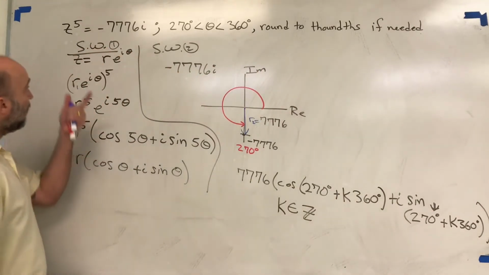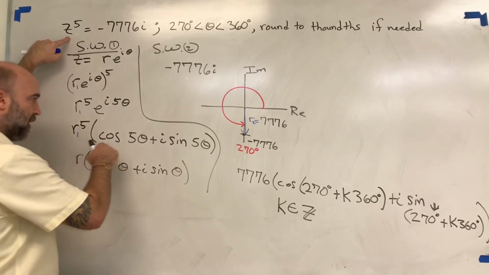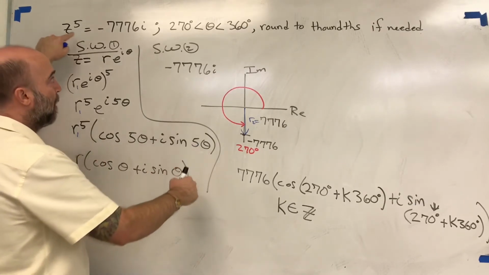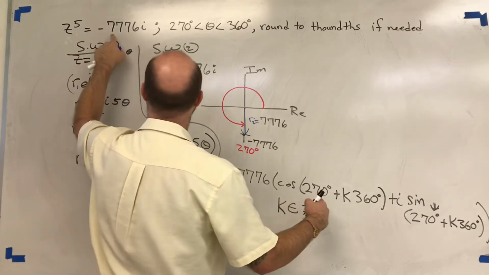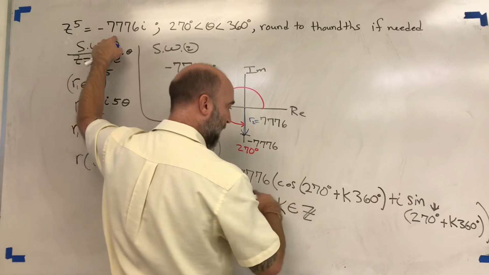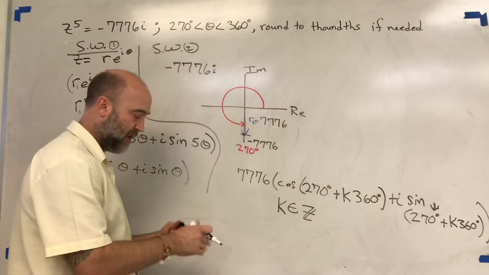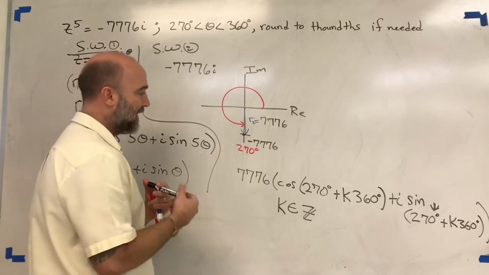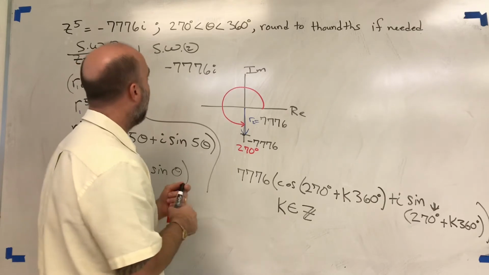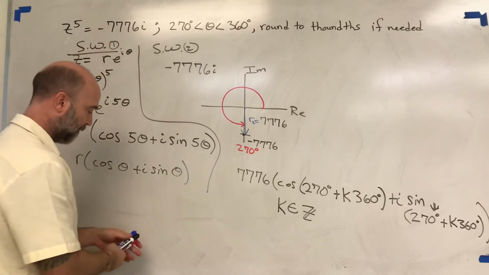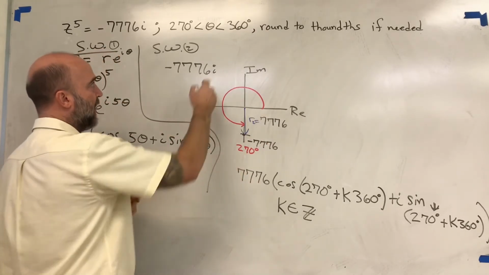Now, we're equal. So I found out what z to the fifth was. z to the fifth was this guy. And the negative 7,776i was this long guy here, where k is part of the integers. I'll put all of that together and set them equal, and then we should be able to make some advancements about solving. All right. So this was all our side work, just working it out.